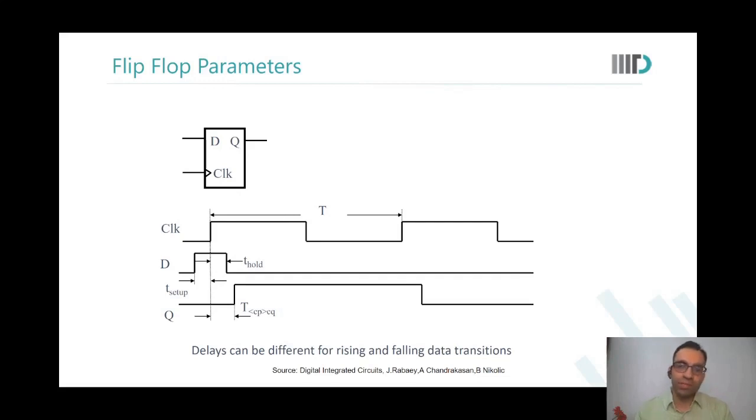Are you able to see this? Any questions? In my previous question, about the clock to Q: if I take the flip-flop implementation with transmission gates and inverters in a feedback loop, there is a path between the D pin and ultimately the Q pin, where the input gets latched.